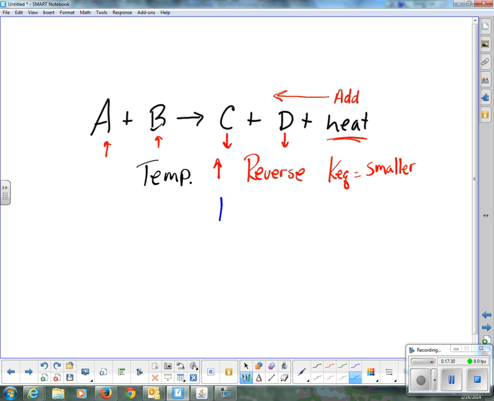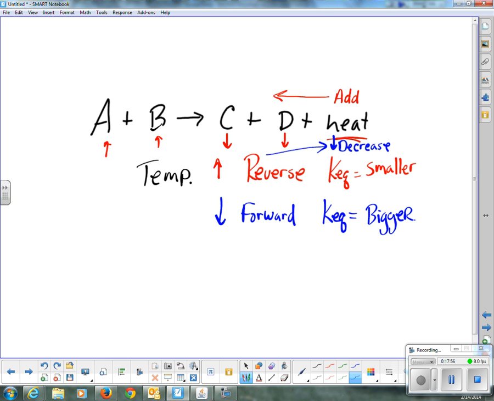So what happens if I decrease the temperature? If I decrease the temperature, that means I'm making a hole here. That means it's going to shift to fill the hole. So I'm going forward. And my KEQ, since my products are going to get bigger, is going to be bigger.